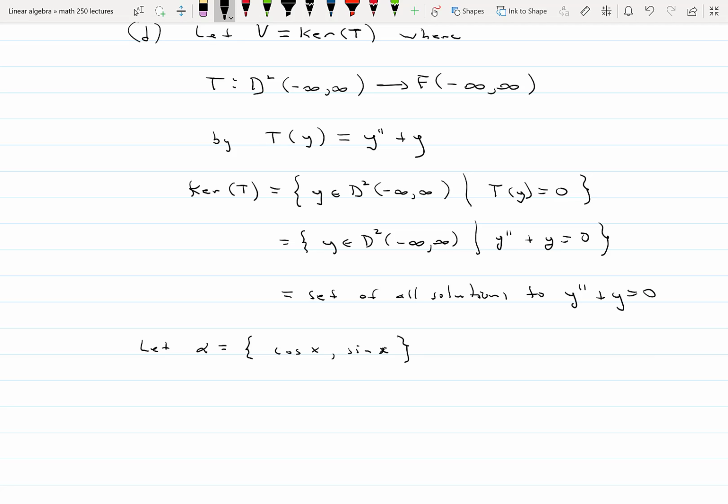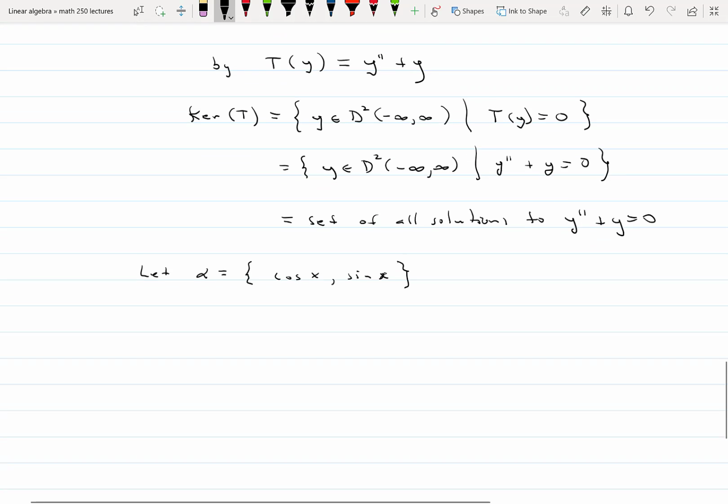So we can choose as our basis vectors cosine and sine, definitely linearly independent. We haven't talked about it much, but the dimension of the set of all solutions to the second order differential equation is 2. That wasn't important before. Since these two functions are linearly independent, they're not proportional, they form a basis.